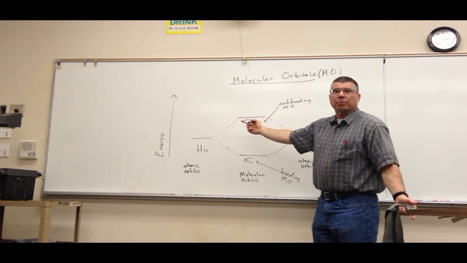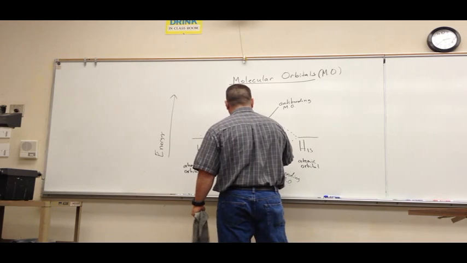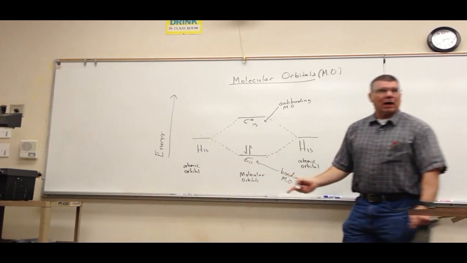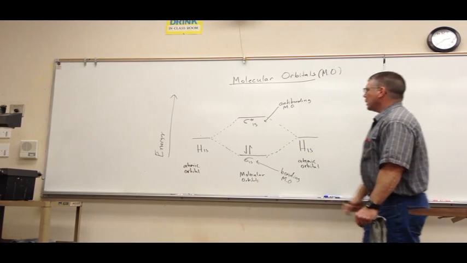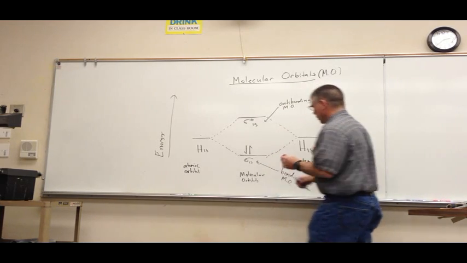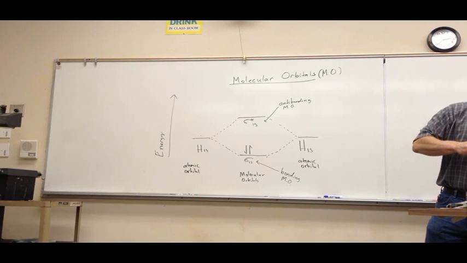So where should they go? The bottom, right? There's 2 electrons. They can both go in there as long as they have opposite spins, right? And this sort of picture is called a molecular orbital energy level diagram.